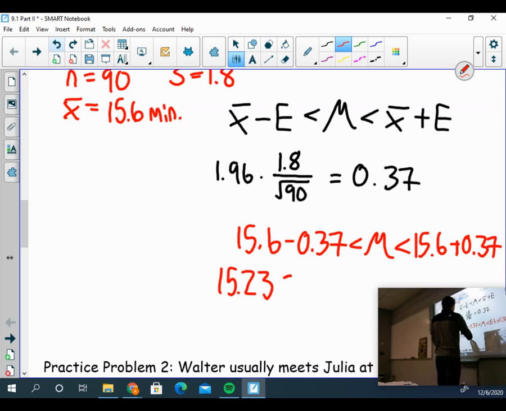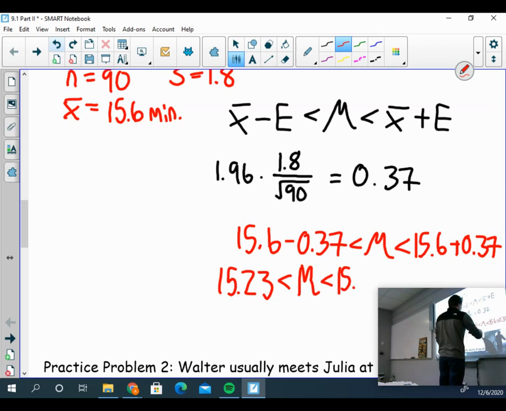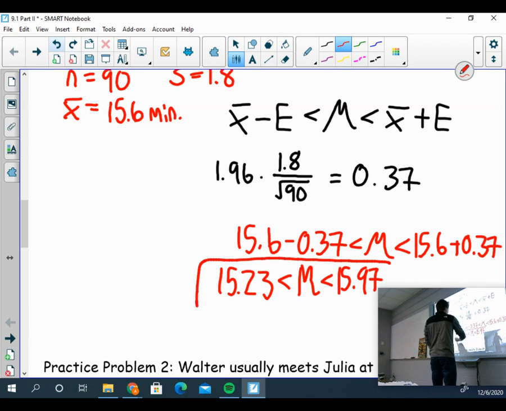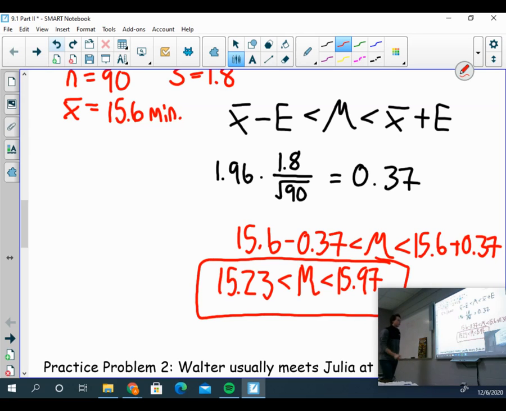15.23 is less than the mean, is less than 15.97. Which means that our friend Julia, given that sample of 90 run times with a sample mean of 15.6, we can use that to predict that her average runtime over the course of the last 2 years is between 15.23 minutes and 15.97 minutes.